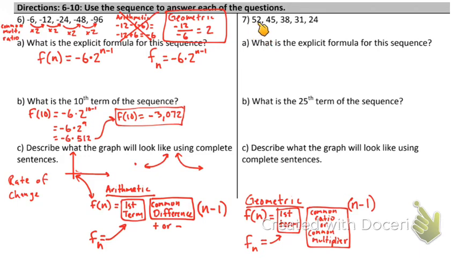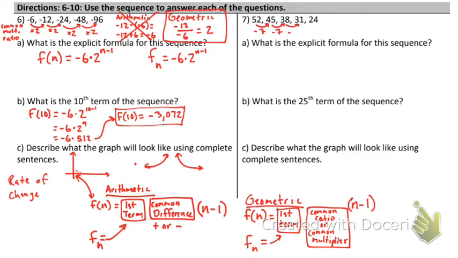So I first want to try arithmetic, which means can I figure out what's adding or subtracting? So if you look, in my opinion, 52 to 45, we are actually going down by 7, subtracting by 7. So let's see if that works for all of them. If it doesn't work, then we try geometric.